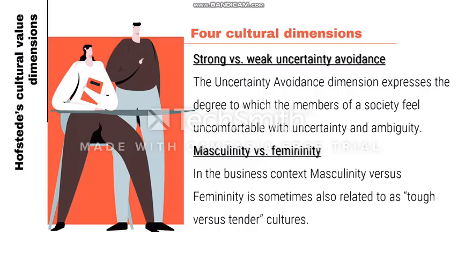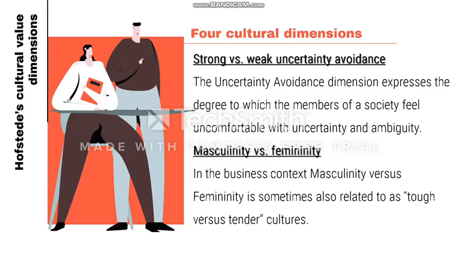And the last one is masculinity versus femininity. The masculinity side of this dimension represents a preference in society for achievement, heroism, and material rewards for success. Society at large is more competitive.